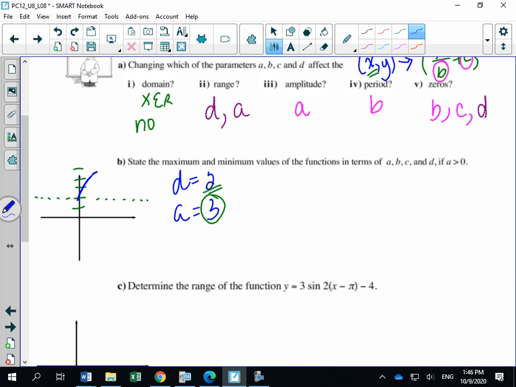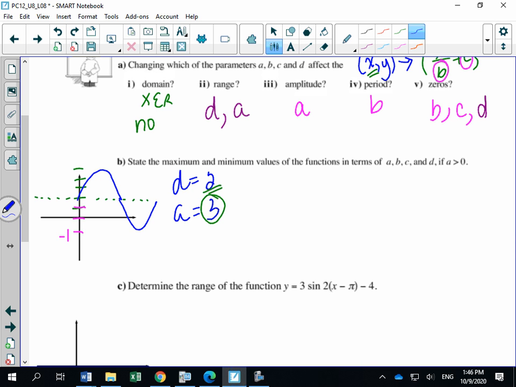If it was a sine graph, I would start at 0. This would have an amplitude of 3 because it's always measured from my midline. And then I would have to go down 3 as well. So down 3 would be 1, 2, 3. So down 3, it would look like this.